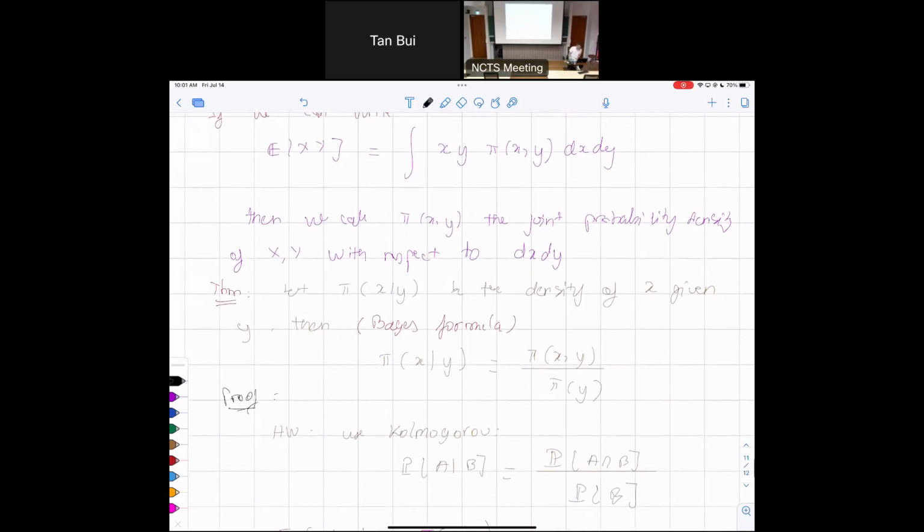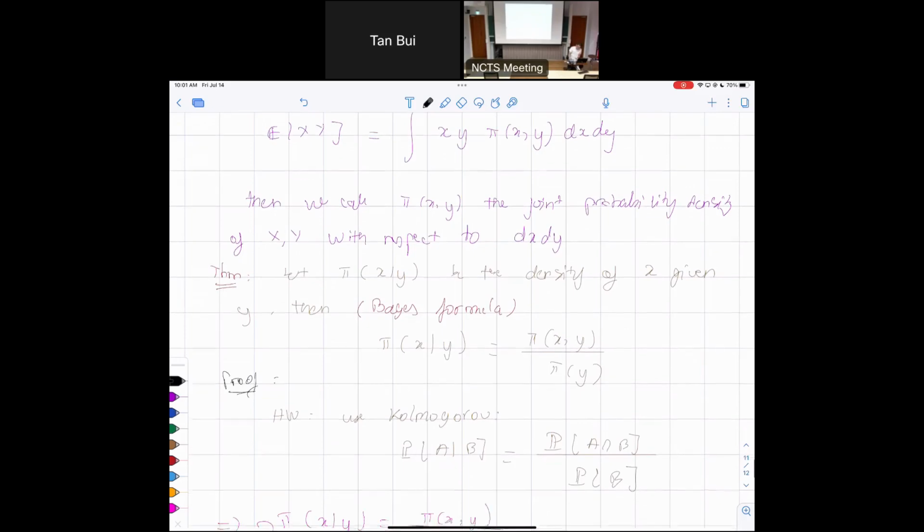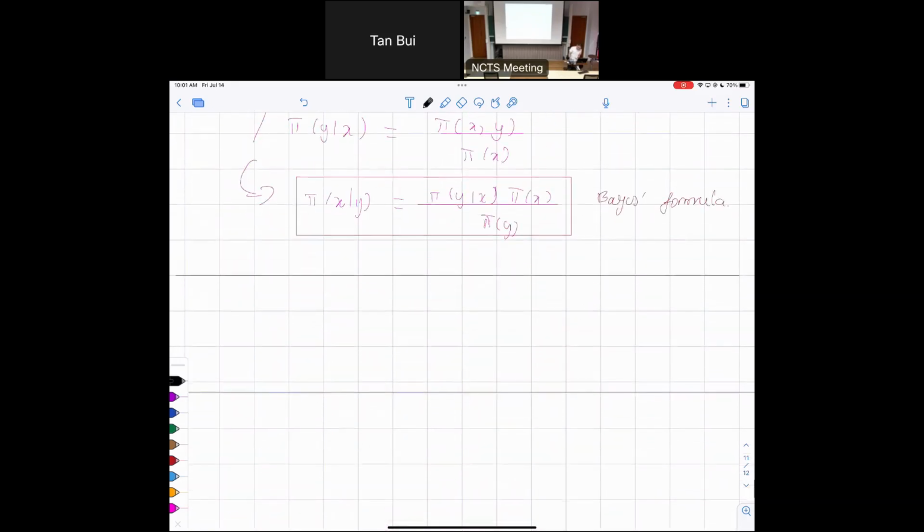The reason I introduced the conditional density here is that, as a result, we have something we're going to use later.